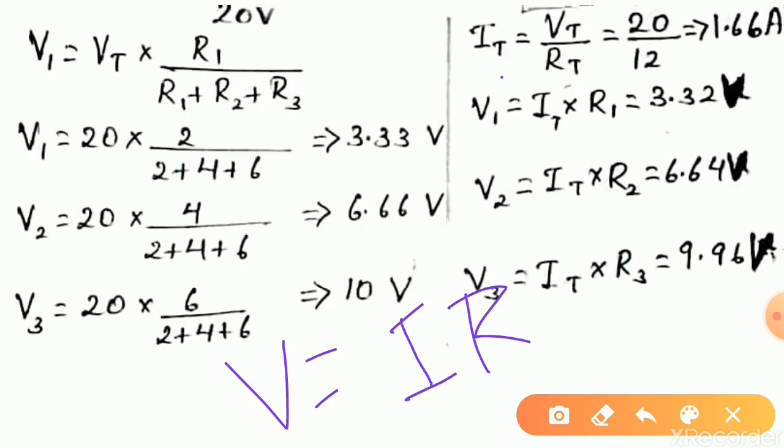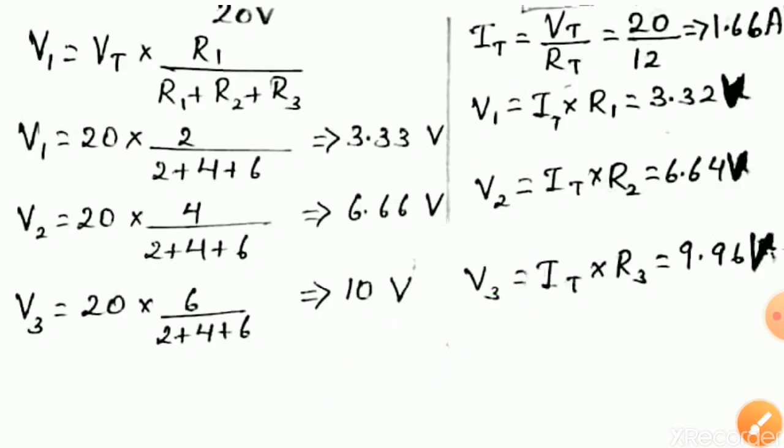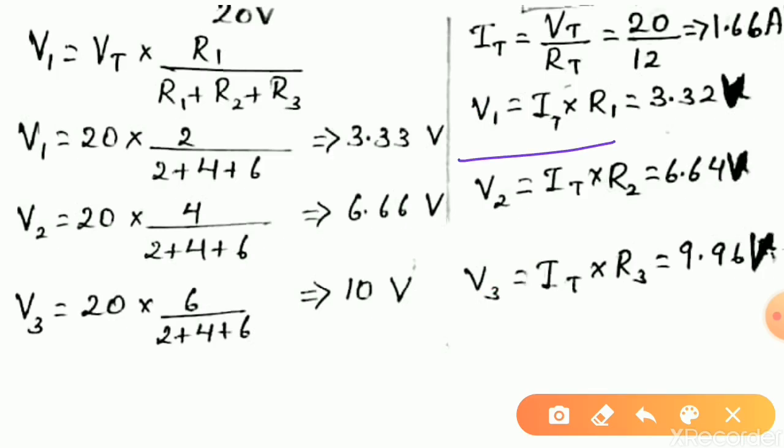We all know Ohm's law, that is V is equal to I into R. For the individual voltage drops V1, V2, V3, we need to calculate the total current IT. V1 will be equal to I total into R1. I total can be obtained from Ohm's law, that is I total is equal to V total upon R total. Total voltage is 20 volt and total resistance value is 12.